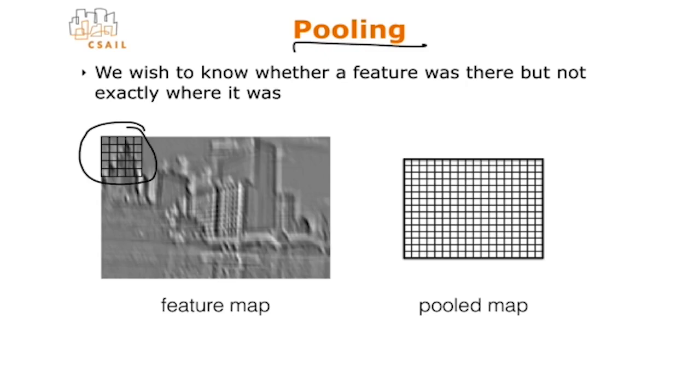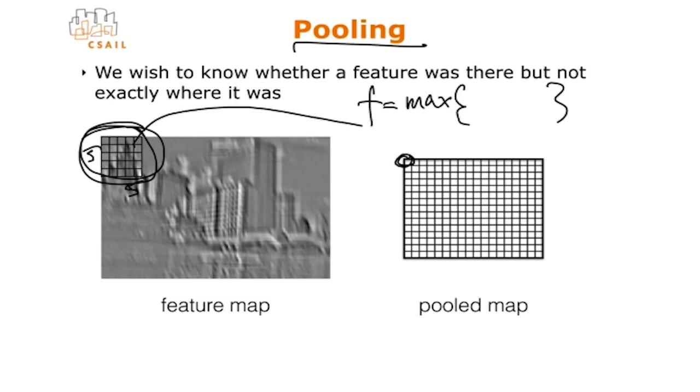I again have a little patch here. Now it's a 5 by 5 patch, so it has 25 pixels. And all I'm going to do is store in the corresponding location in the resulting map the maximum value of these 25 pixels.